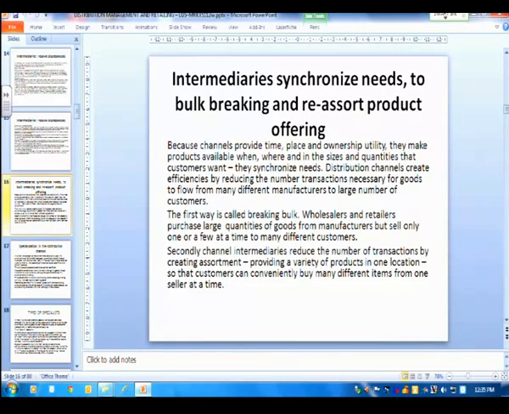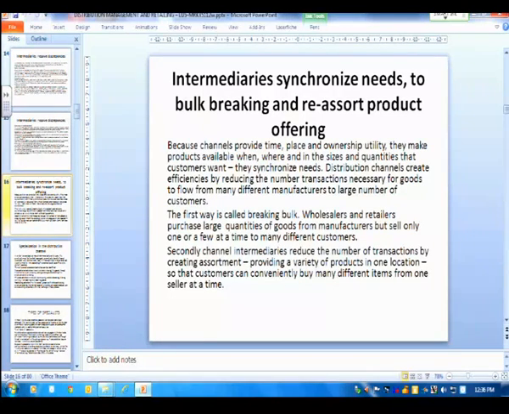Intermediaries synchronize needs through bulk breaking and reassorting product offerings. We are saying because channels provide time, place, and ownership utility, they make products available when, where, and in the sizes and quantities that customers want.